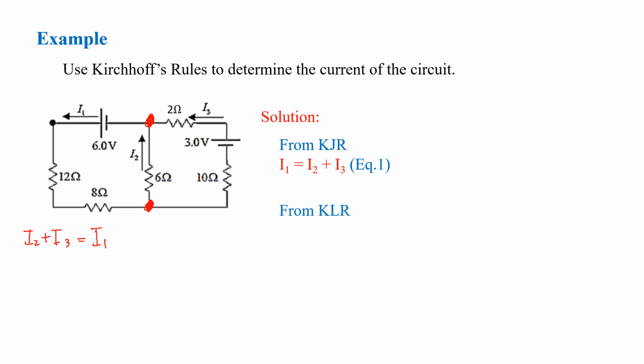From your Kirchhoff's loop rule, we find loops. As you can see, we have 3 unknowns, so we just need 2 more equations. So let's look for 2 loops.